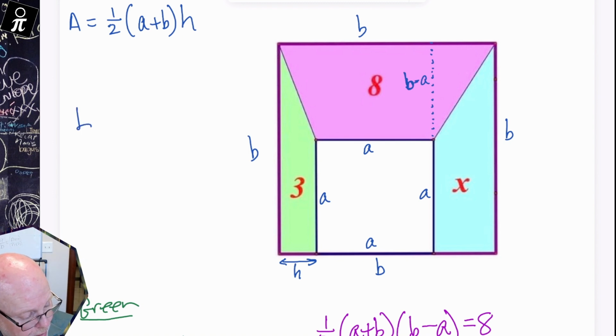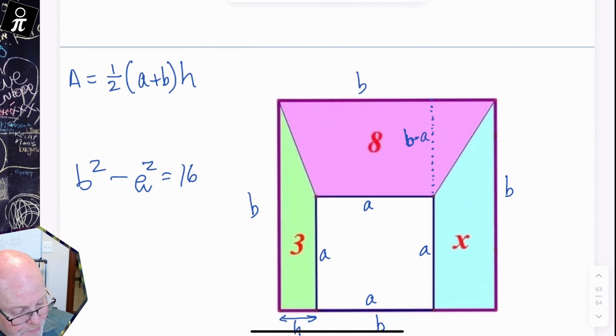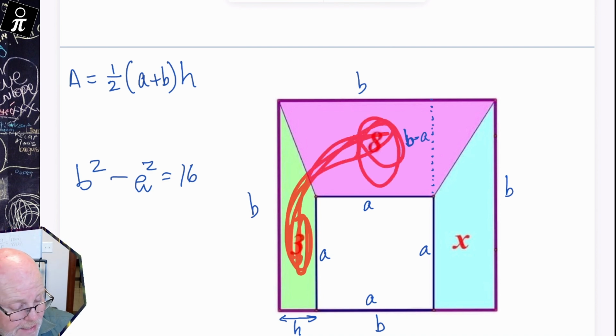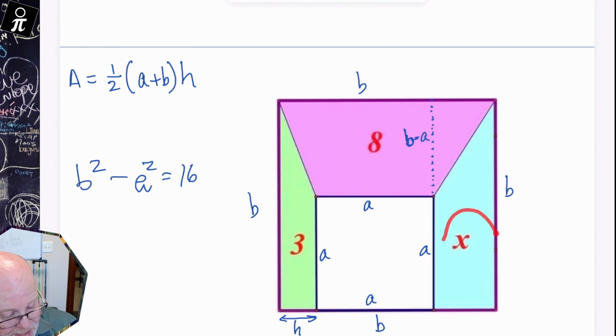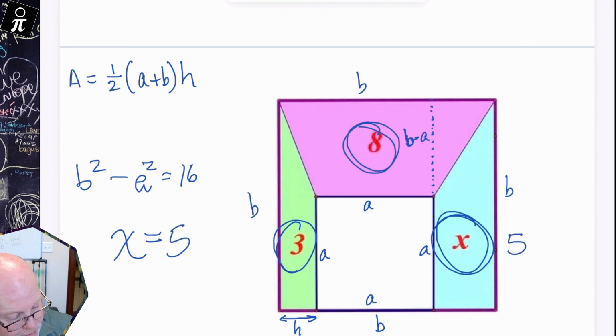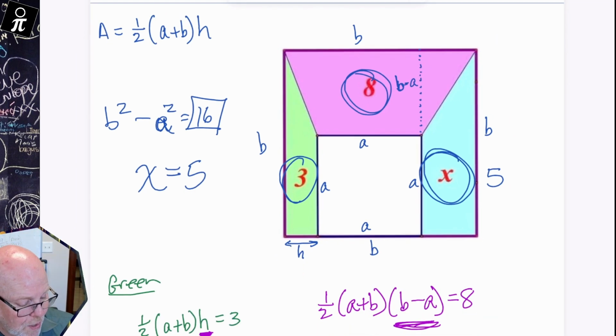So 16 is equal to these three trapezoids. Two of those trapezoids add up to 11, so the last piece has to be 5. We now know that x has to equal 5, because 3 plus 8 plus 5 gives me the 16 that I was looking for. So our missing area is 5 square units.